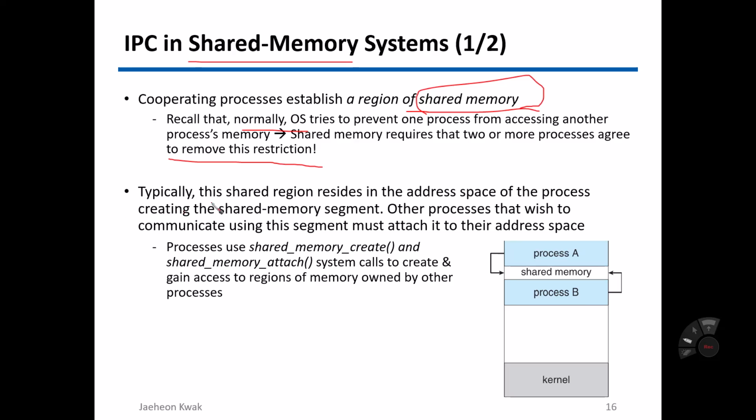So typically, the shared memory region resides in the address spaces of the processes, like this. We have to allocate this shared memory region by some process, and processes can use some shared memory creation and attach functions to create and gain access to the shared memory regions.